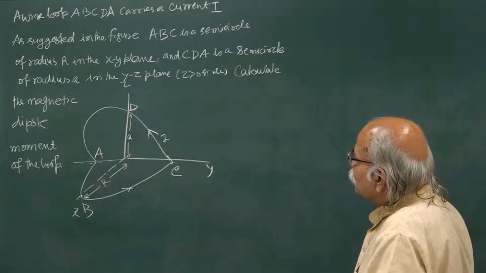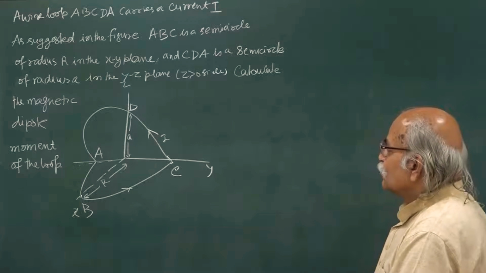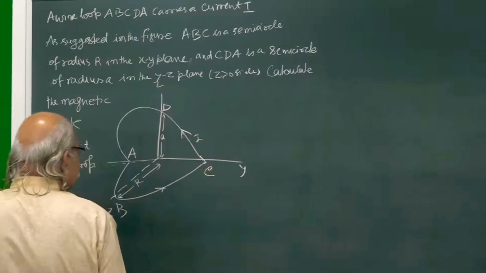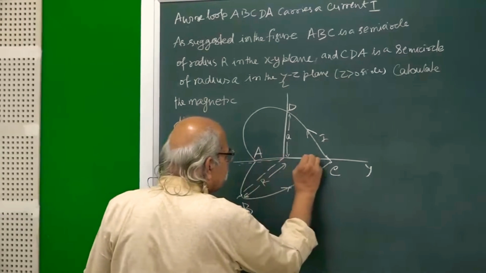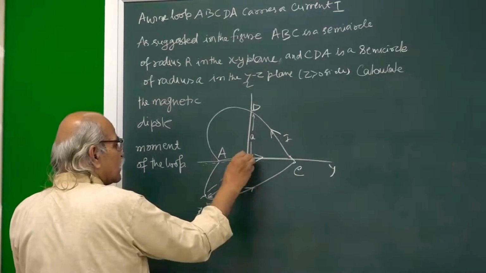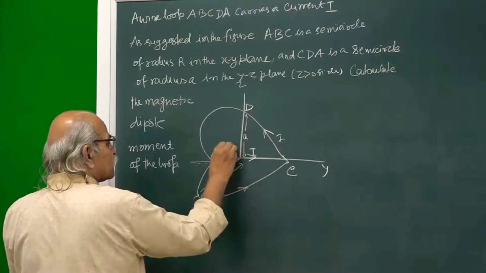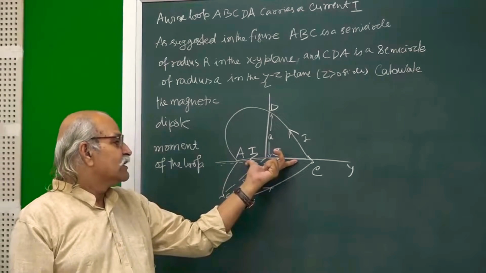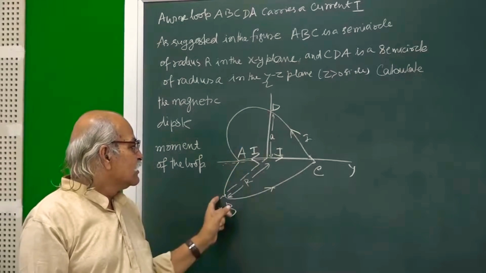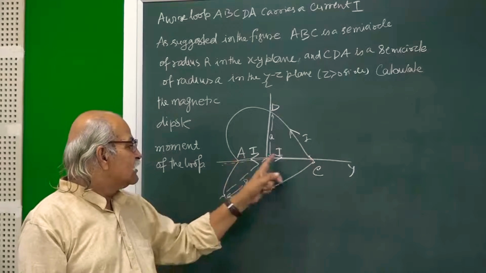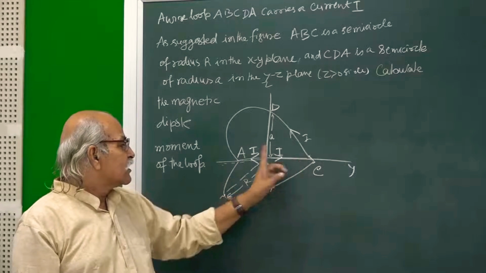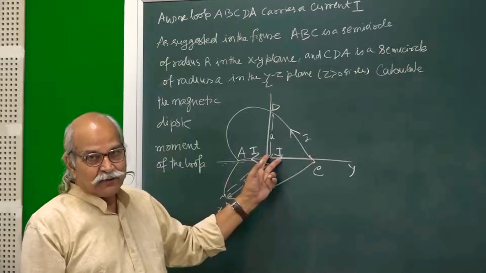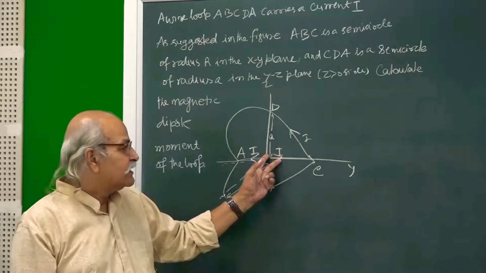Calculate the magnetic dipole moment of the loop. Here you can consider this line as having a current towards the right and also a current towards the left, so there is no current. You can mentally join these two points, make a current going from left to right and also from right to left, so that the total current is 0 and does not make any difference.